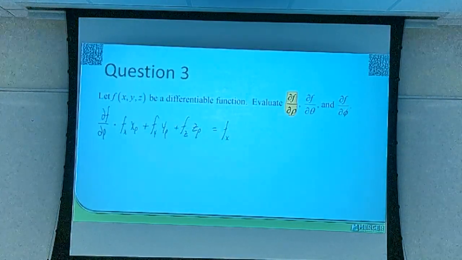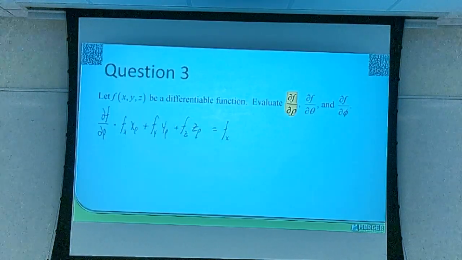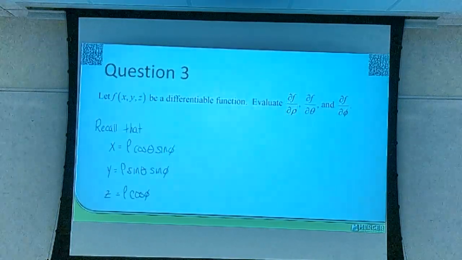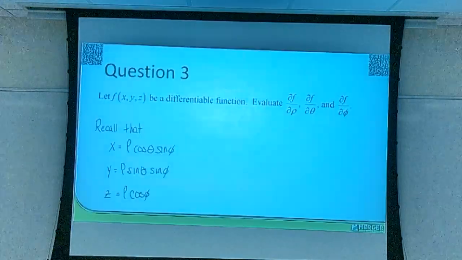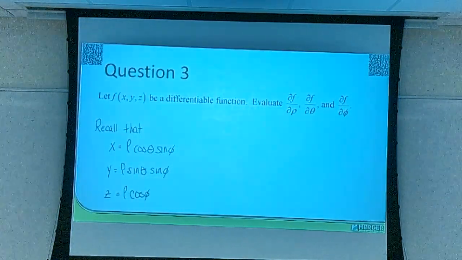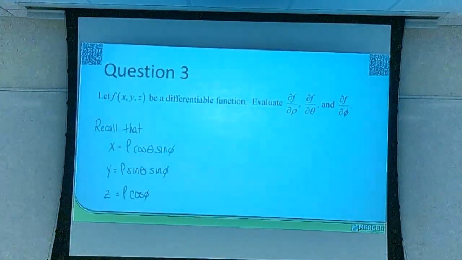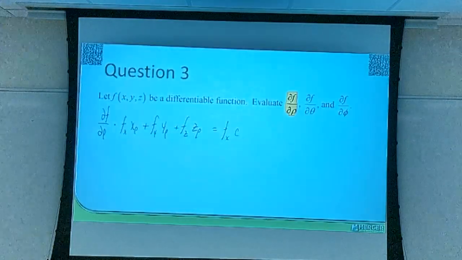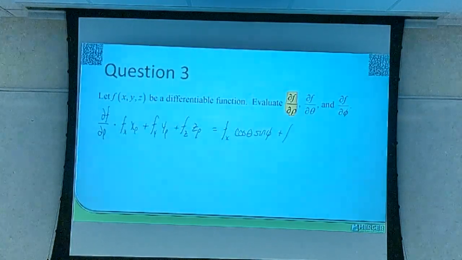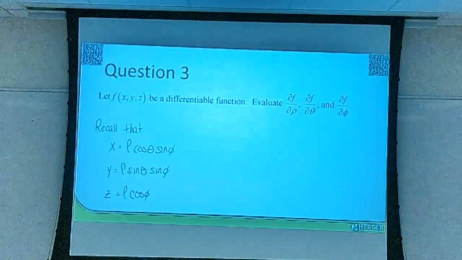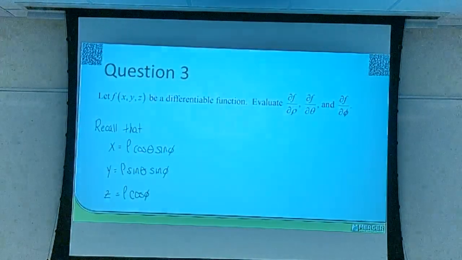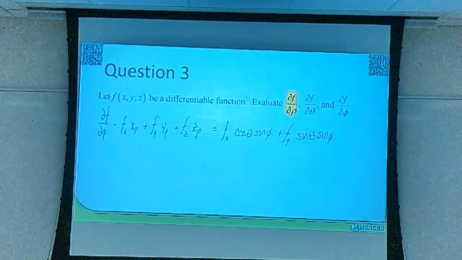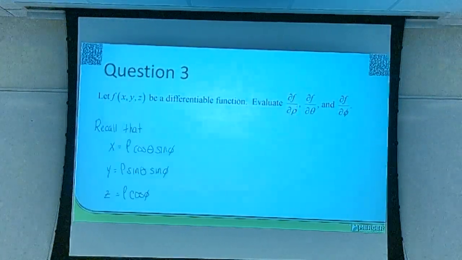What is the partial of x with respect to rho? So partial x, partial rho is cosine theta sine phi. Partial y, partial rho is sine theta sine phi.